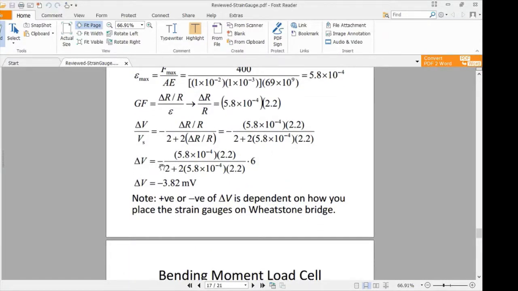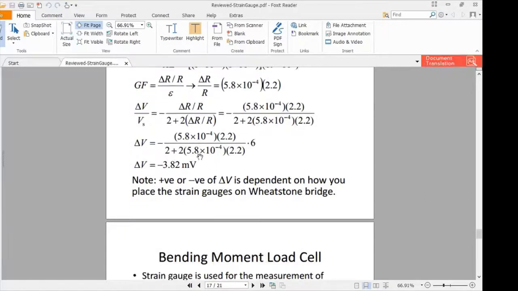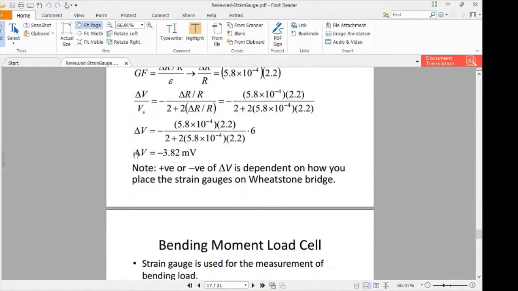Knowing that the voltage supply is 6 volt, it is expected that the offset voltage will be -3.82 millivolt. Also take note that the positive or negative sign of the delta voltage is not so important, since it depends on how you place the strain gauge.